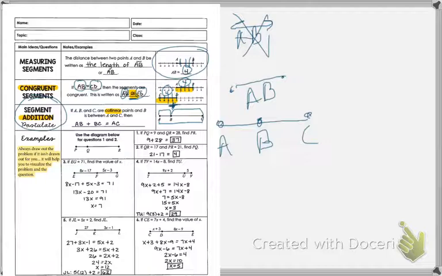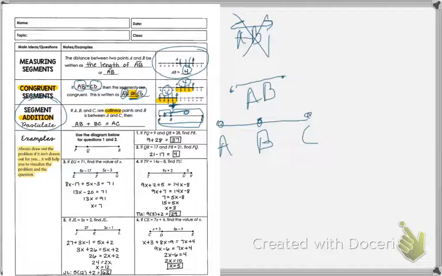And that's pretty much what this is. You have one little piece here, you have one little piece here, and if you put them together, it gives you the entire piece. So, notice on my notes here it says always draw out the problem if it isn't drawn out for you, and I believe in these problems they're all drawn out. It'll help you visualize the problem and the question.